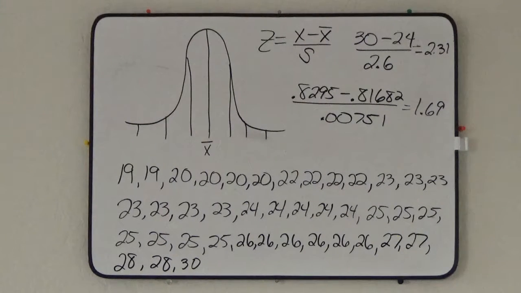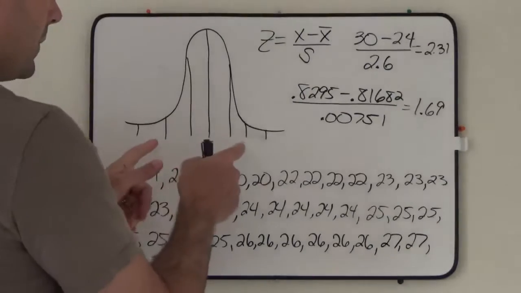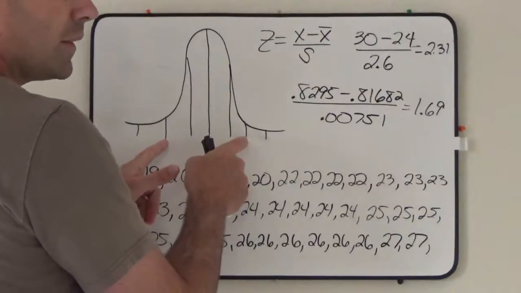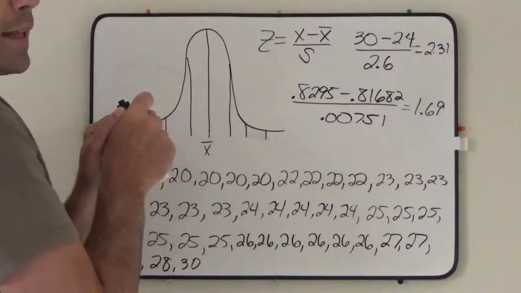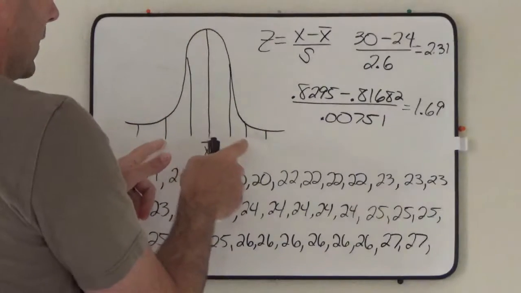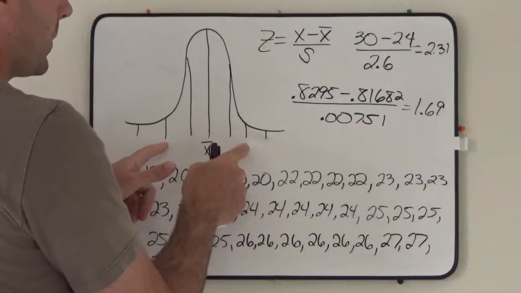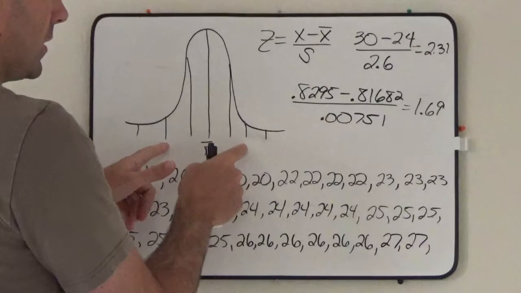Okay, now an unusual value has a z-score of less than -2 or more than +2. The reason is because the majority of the information lies within 2 deviations. You'll remember that rule of thumb that we talked about? Like 90 whatever percent is within 2 deviations.